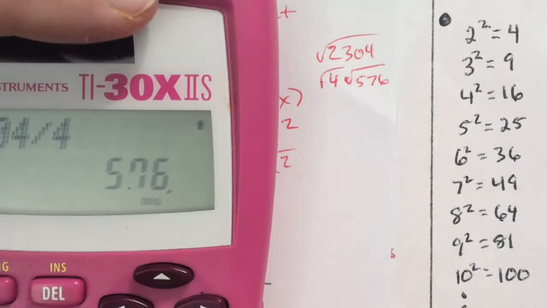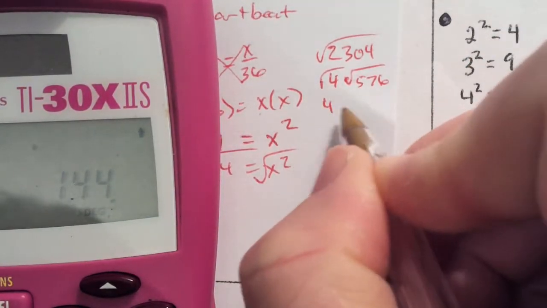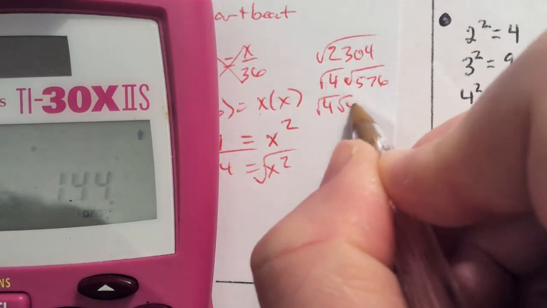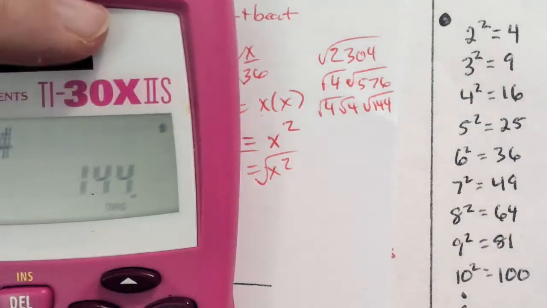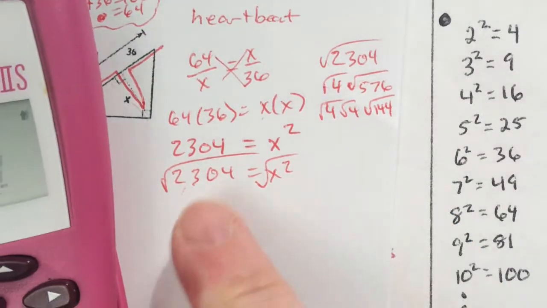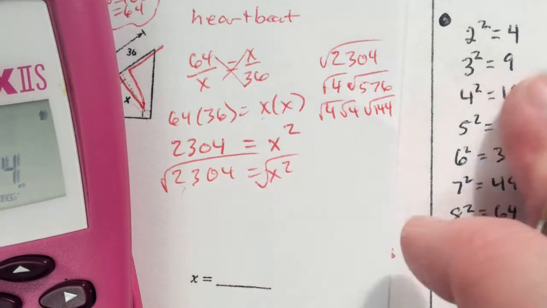All right, let's try again. Let's see if I can divide by 4 again. Yeah, I can. So I have 4, and then I can take out another 4, and that's square root of 144. Wait a minute. Before I even start this, I should have checked if it was even a pretty square root in the first place before I start simplifying.